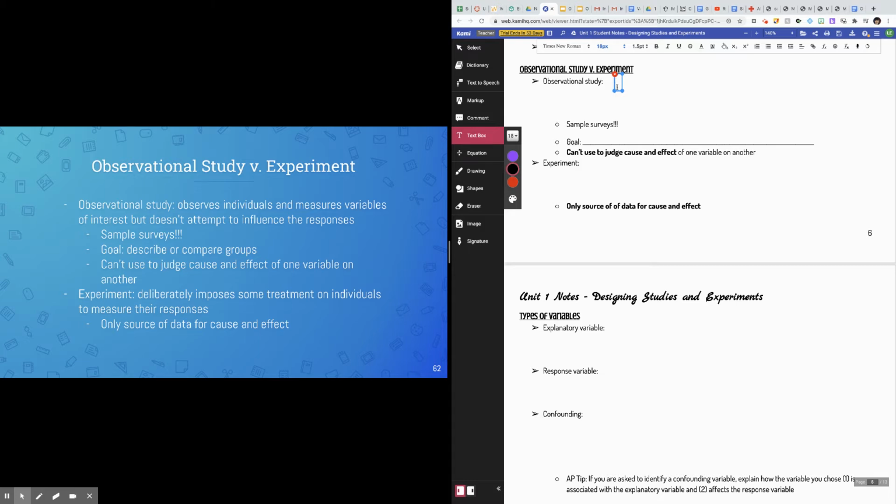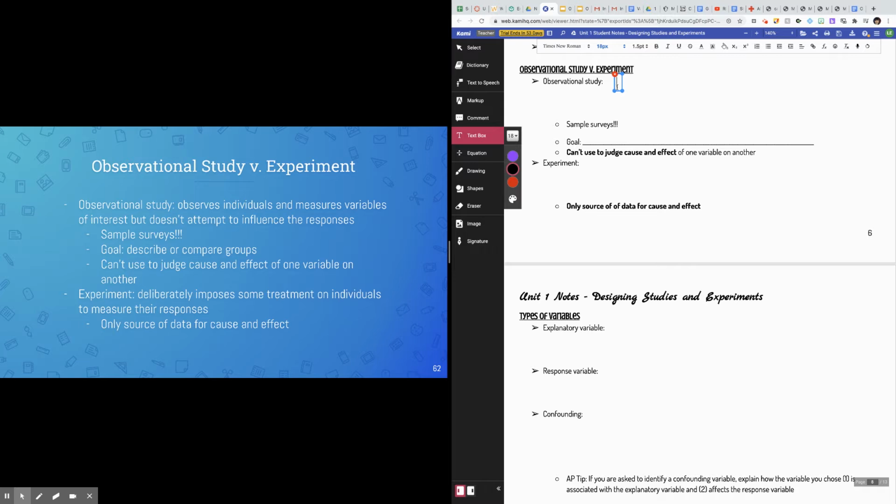So the last section was all about observational studies. In observational studies, you literally observe people, right, or subjects, take in their data and measure certain variables, but you don't attempt to change or influence the responses of any of your subjects.